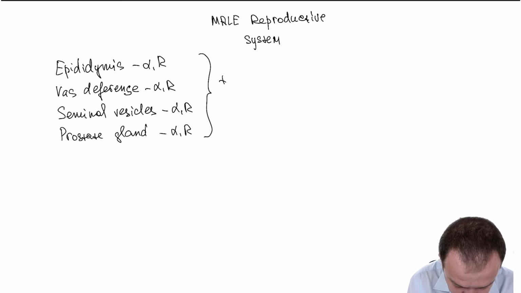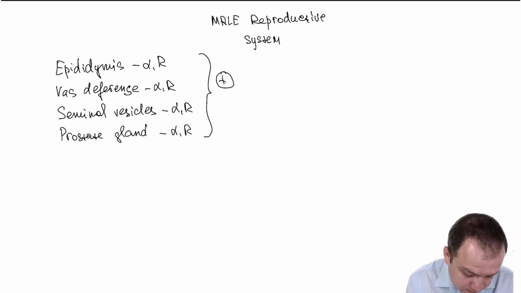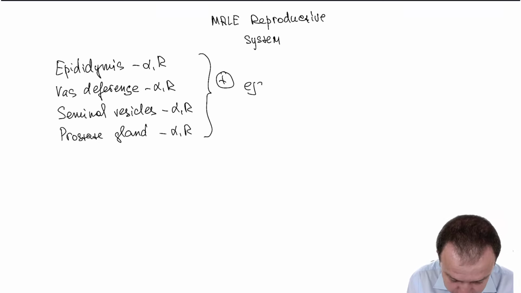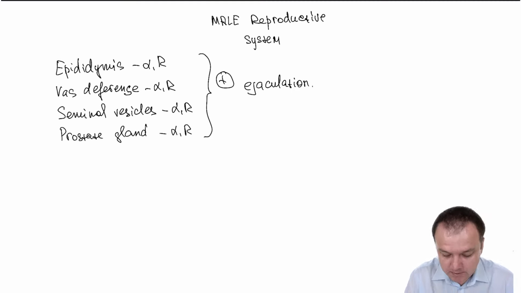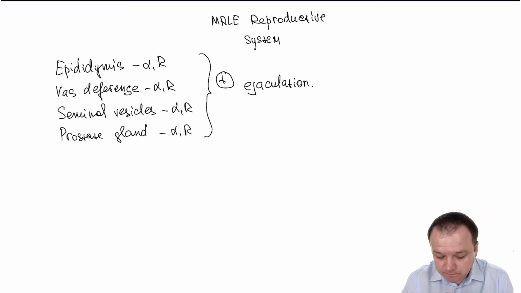Stimulation of these receptors or activation of sympathetic nervous system are responsible for ejaculation. And activation of parasympathetic nervous system is responsible for erection. And now we will talk in a few minutes why that happens, because we have vasodilation there, right?